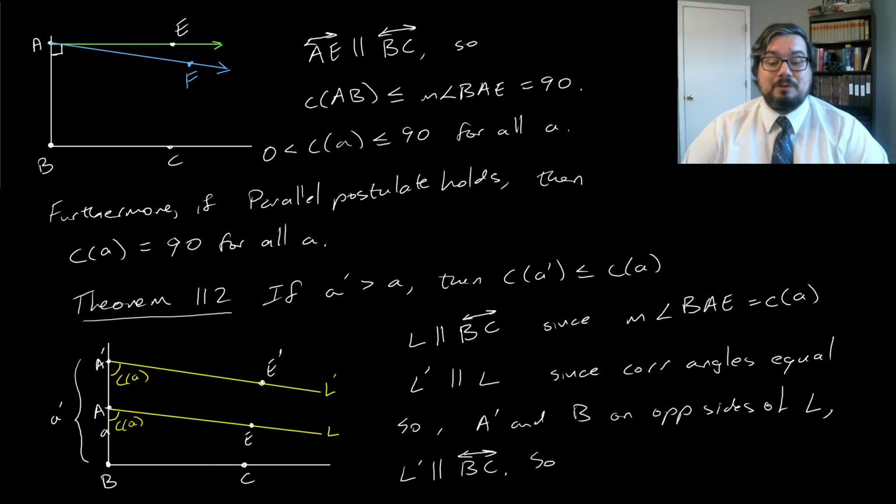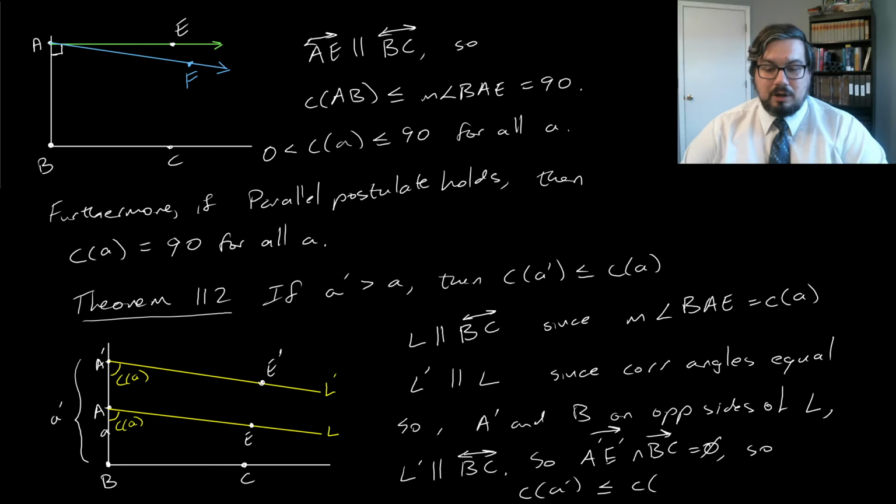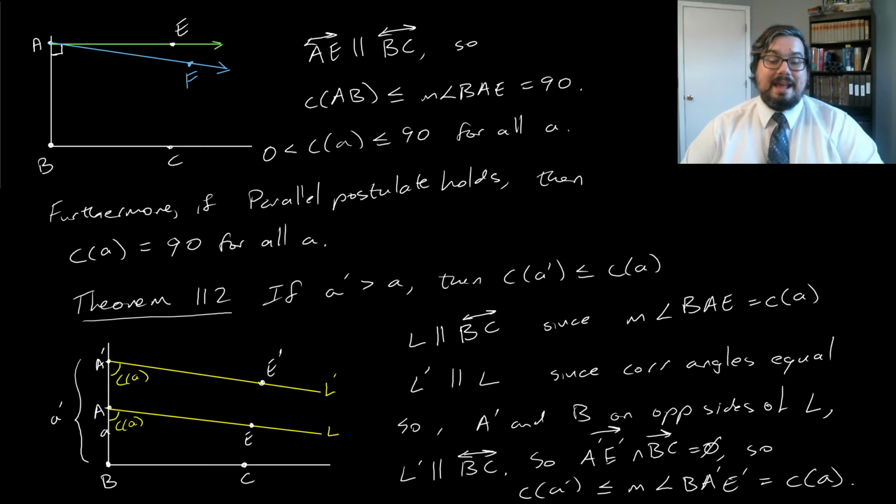So that means that the ray A prime E prime intersect BC is empty. So that means that the critical number of A prime has to be less than or equal to the measure of angle B A prime E prime, which is the critical number of A. This is the idea behind Theorem 112.